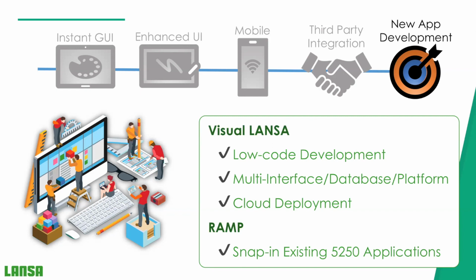You can leverage your 5250 applications just by snapping them in and acquiring. So there's no need to get those screens available as APIs in order to consume them. You can simply use RAMP and access those applications without a lot of problems. It's going to be something quite streamlined.